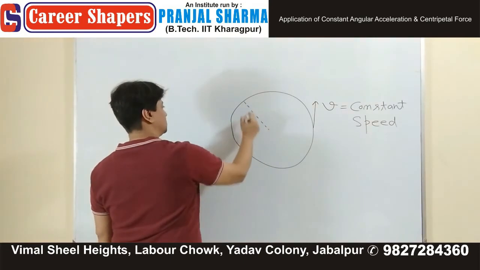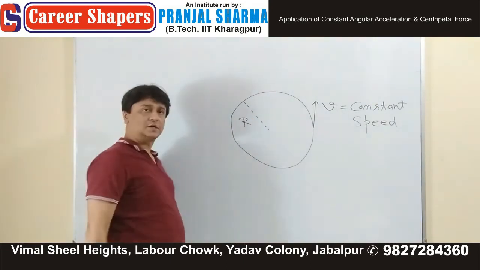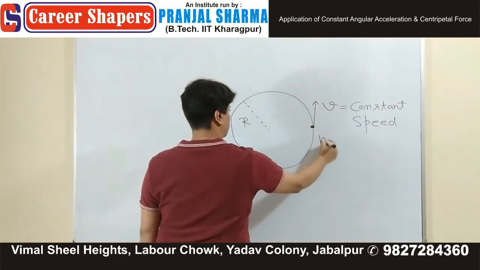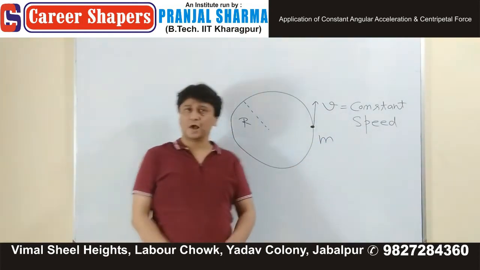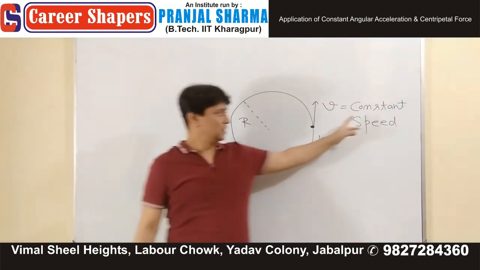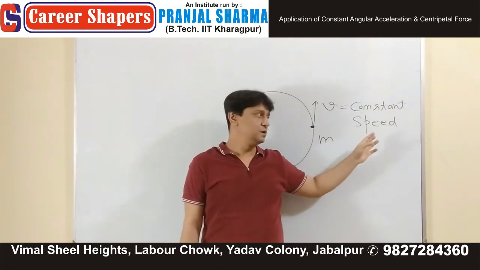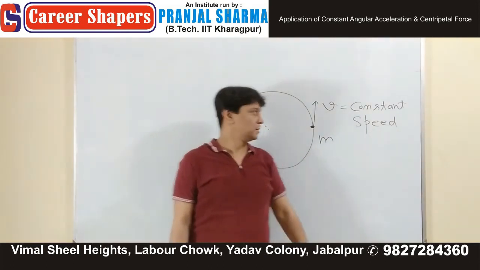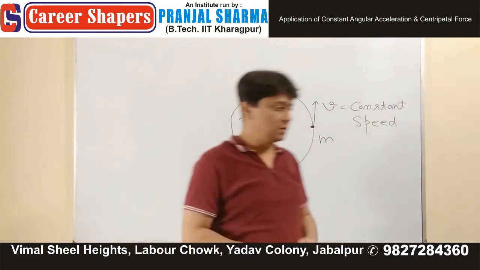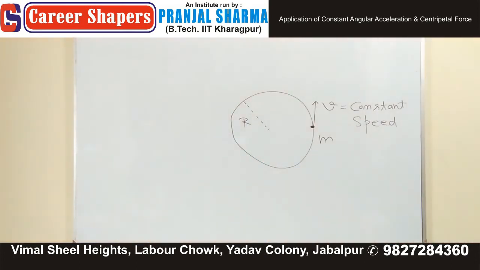And this is the circle of radius r. This is the object of mass m. So you have an object of mass m which is moving in a circle of radius r all the time with constant speed. Does it have any acceleration? Yes or no?